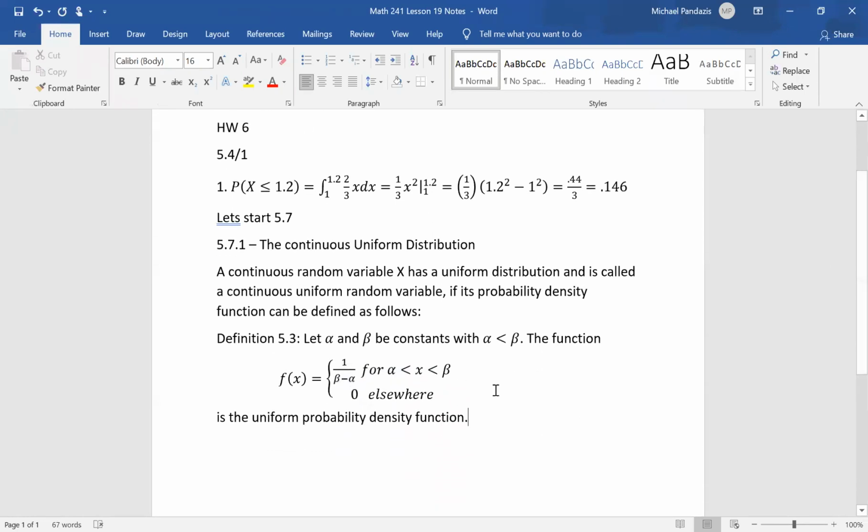So let alpha and beta be constants with alpha less than beta. The function f of x here is called the uniform probability density function.